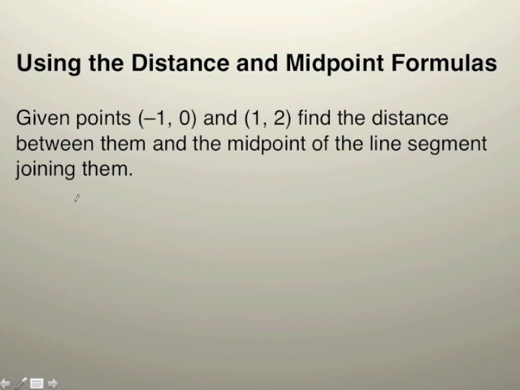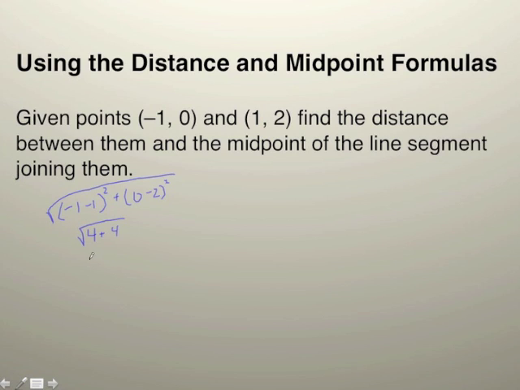Finding the distances here, we'll start with negative 1 minus 1, the quantity squared, plus 0 minus 2, the quantity squared, and we'll take the square root of that. Negative 2 squared is 4, and negative 2 squared is 4.